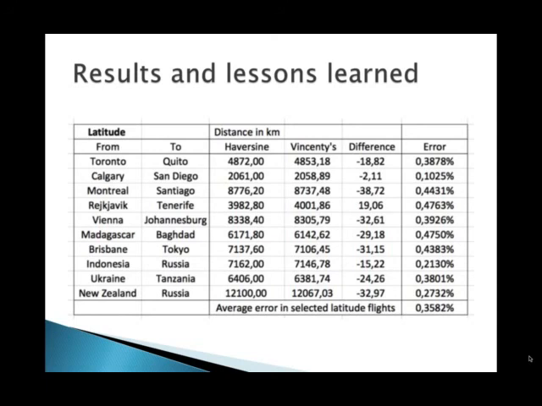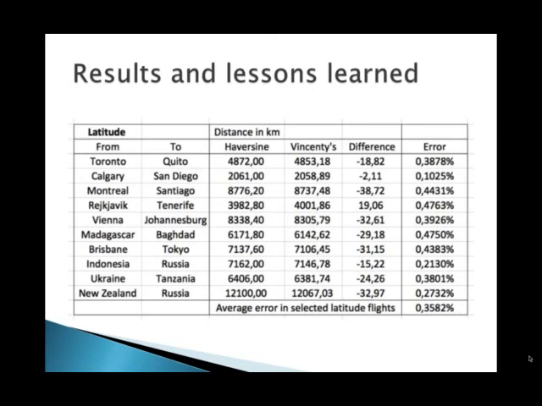Another observation is that this time the Haversine formula almost exclusively calculates a greater distance, with the only exceptions being Reykjavik and Tenerife, which both are islands in the ocean, which might have an impact, but we don't have enough data to back that up.